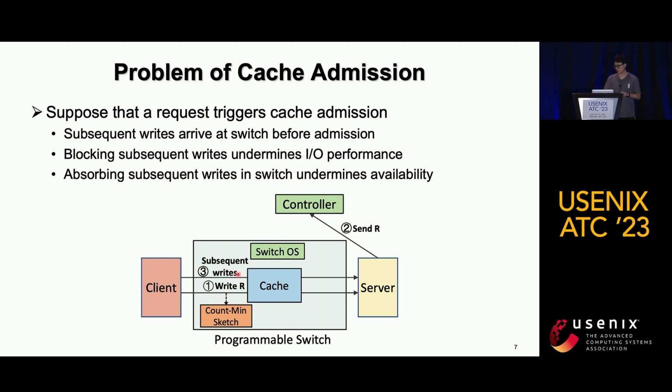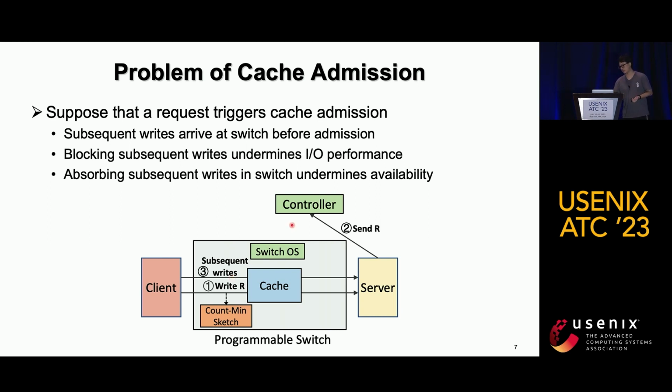If we block the subsequent write in the switch, it will surely decrease the I/O performance in the switch data plane. But if we directly absorb the subsequent write in the switch under the write-back policy without blocking, then it will decrease the availability.